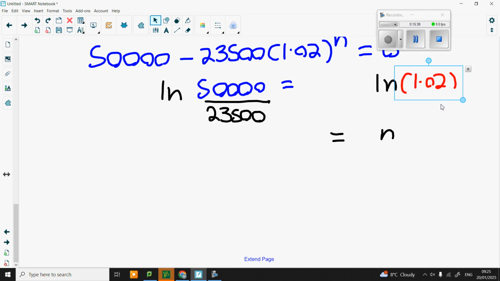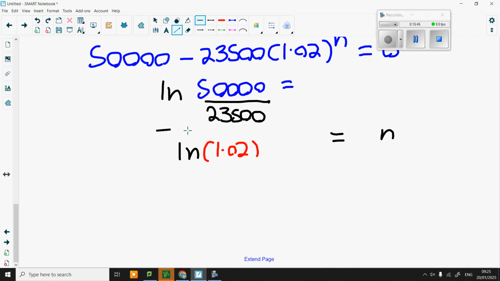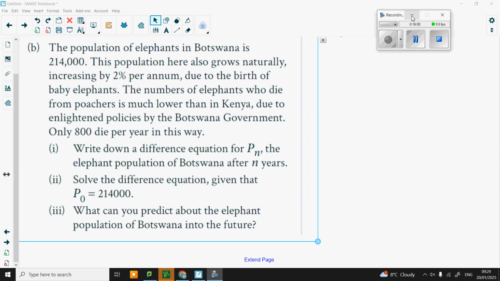And you can use the table function on your calculator to have a rough idea when the extinction would be if you really wanted. Throw all that to the calculator and give me an n value, please. Around the 38-year mark, is it? Yeah. By year 39, they're definitely extinct. Happens somewhere in the 38th year. Probably happens before the 39th year. Is that right?